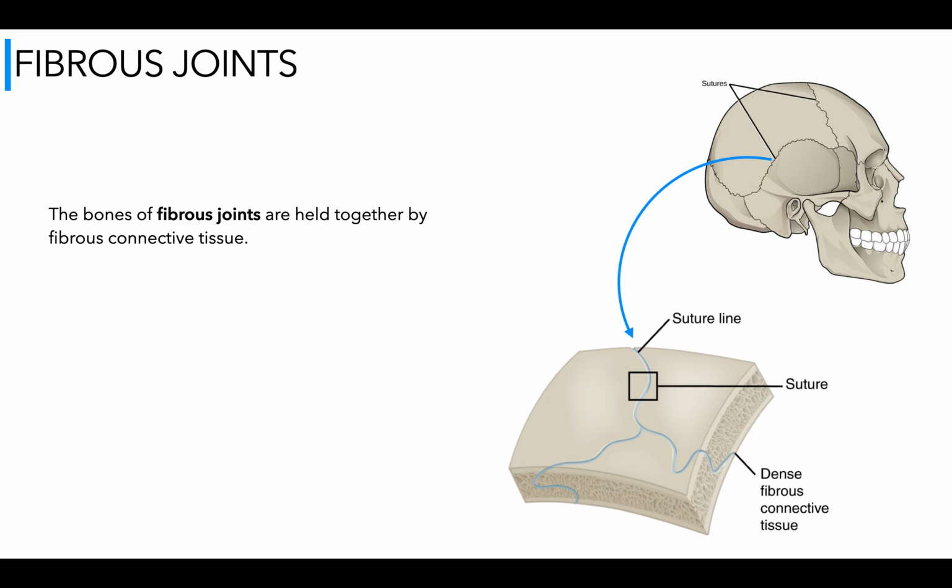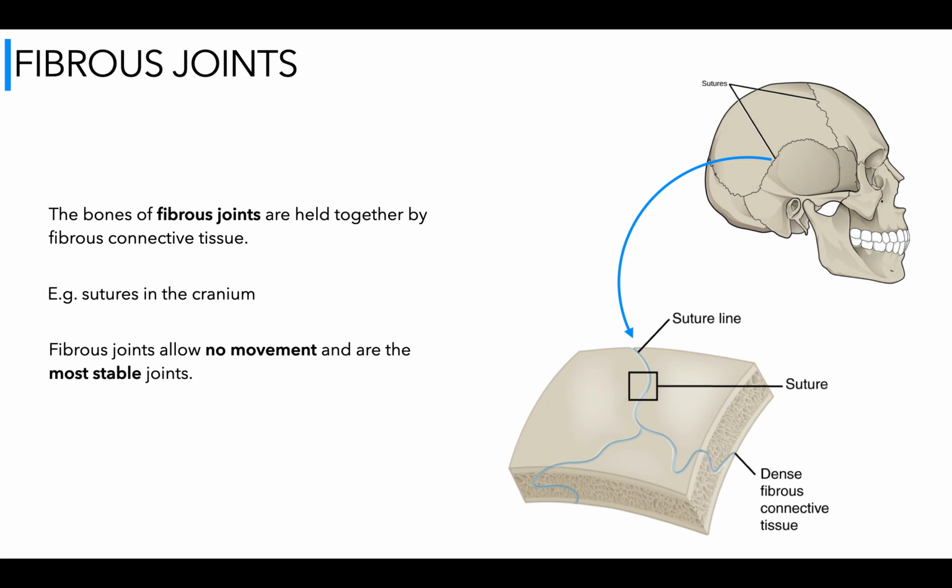The example there is the sutures in the cranium. Now these joints allow no movement, but they are the most stable joints you can possibly imagine, because they don't move and they're in areas where vital things such as the brain need protecting, so it's important that they are very stable. So they are our fibrous joints.